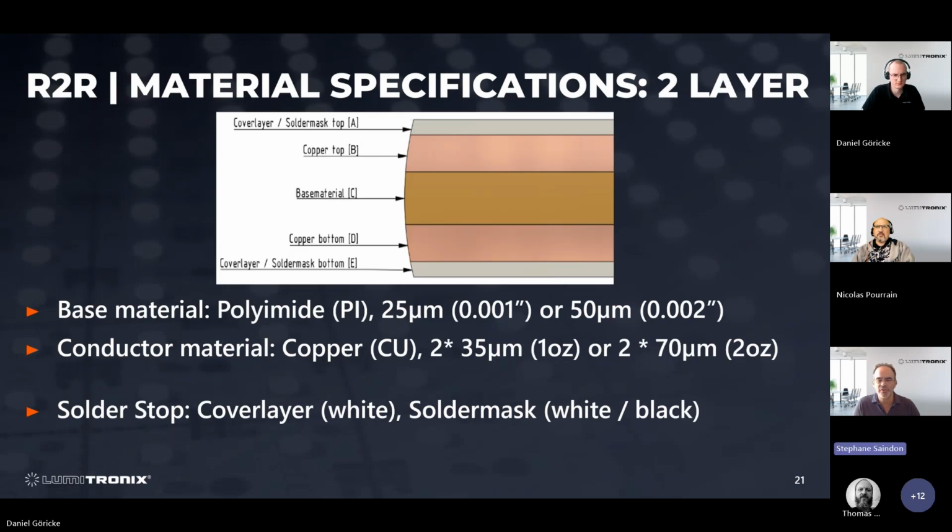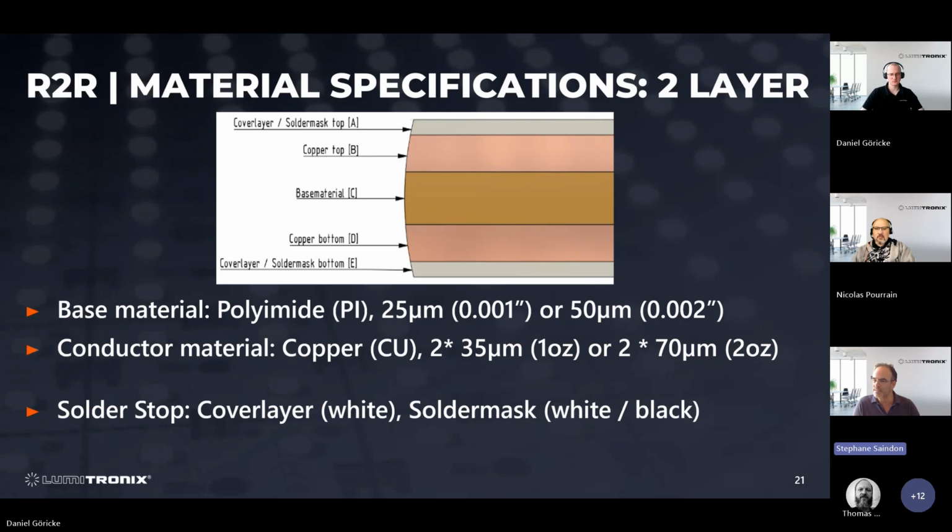And for two layers, sometimes the design won't necessarily fit in one layer, or sometimes you need added current carrying capacity. Therefore, we fall back on two layer. It's more expensive, but sometimes there's no way to avoid it. It's very similar to single layer, aside from the fact you'll see there is, under the main polyimide, another copper layer and an extra protection layer, coverlay.